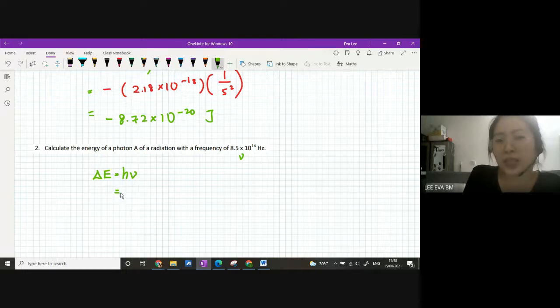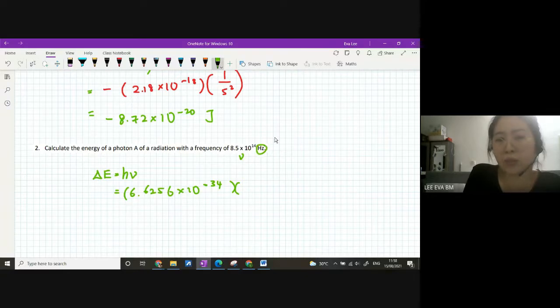So Planck constant, just now Madam have already mentioned, if you want to reassess can, ataupun Madam bagi terus, dia punya constant value. So 6.6256 10 to the power of negative 34. Ingat yang ini ada negative sign. And then your frequency, you just take straight away from the questions.